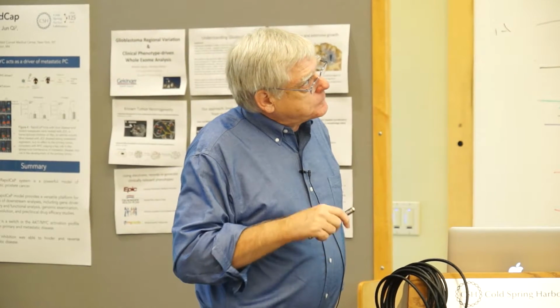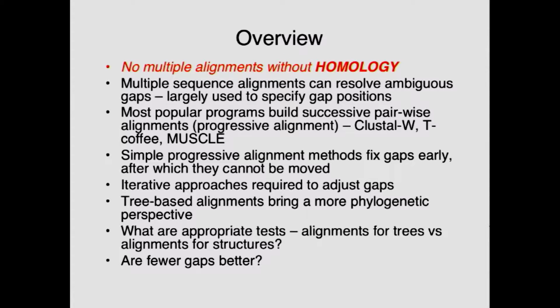So the problem with multiple sequence alignment is that the most widely used methods we have do something called progressive alignment, okay? They build successive pairwise alignments, and the newer ones, like MUSCLE, then revisit things so that they can fix stuff.